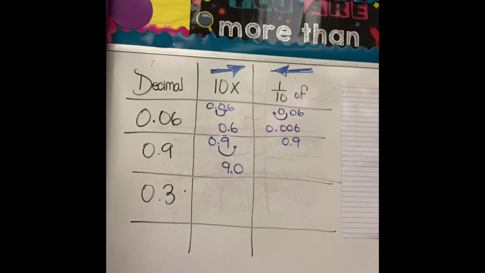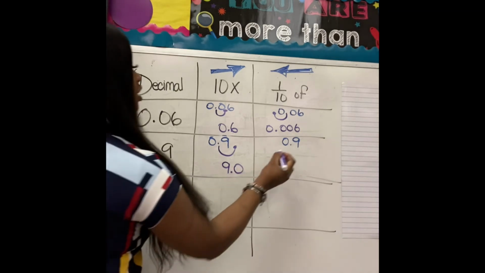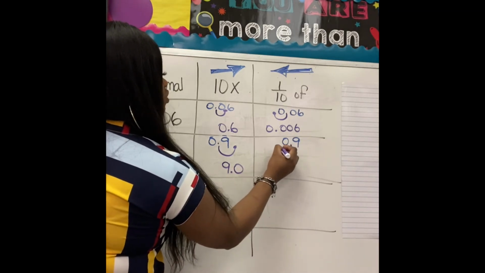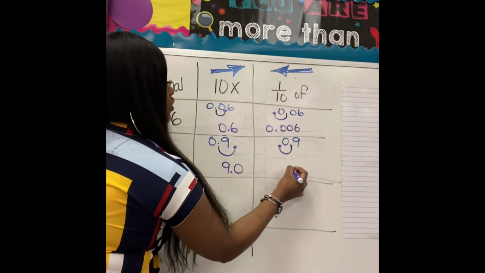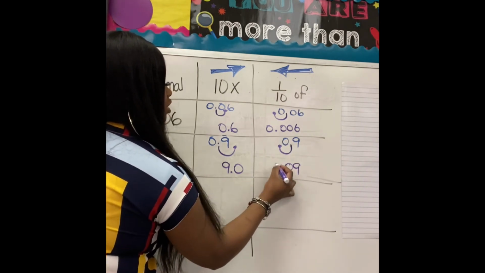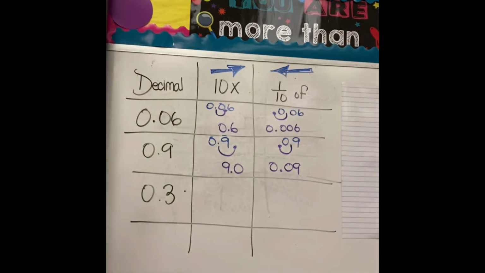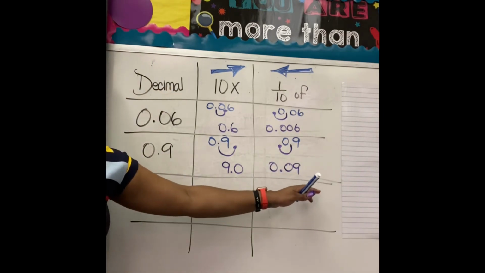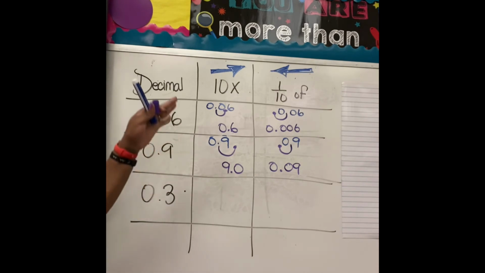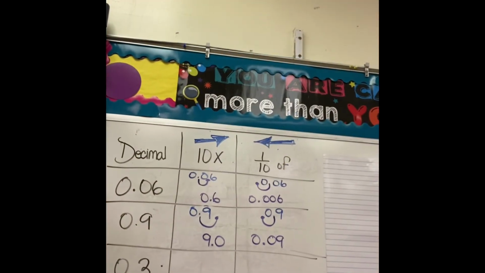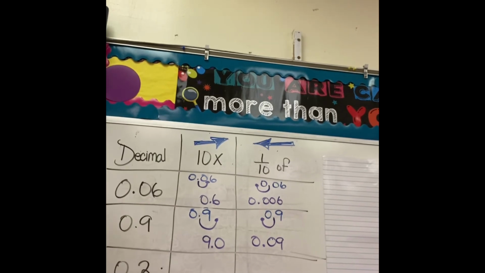So in this case, we are moving our decimal to the left, to the left. So now I'm going to do my jump, and I'm going to move my decimal here, and I'm going to rewrite my number. So we know that 9/10 turns into 9 hundredths.